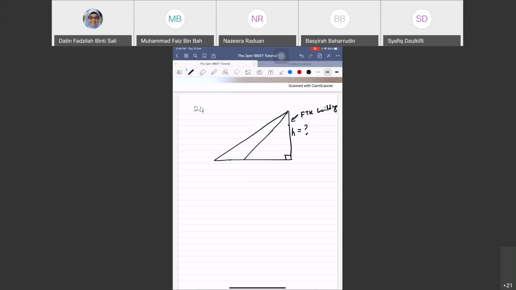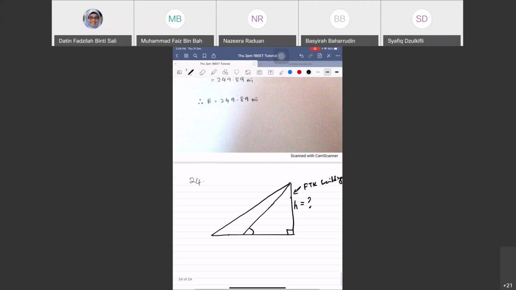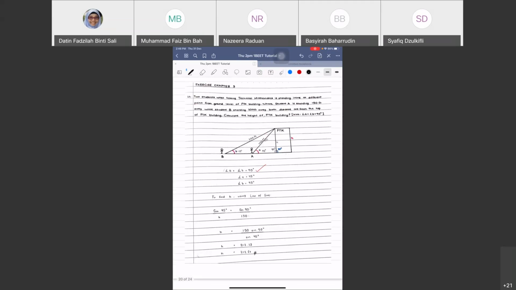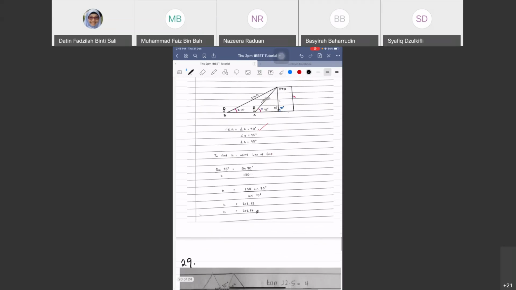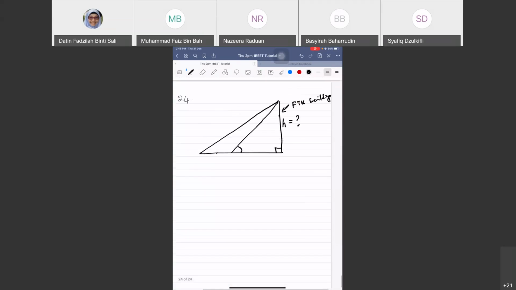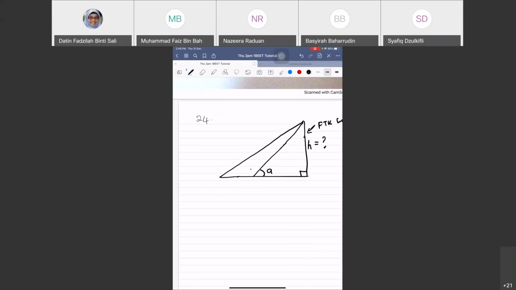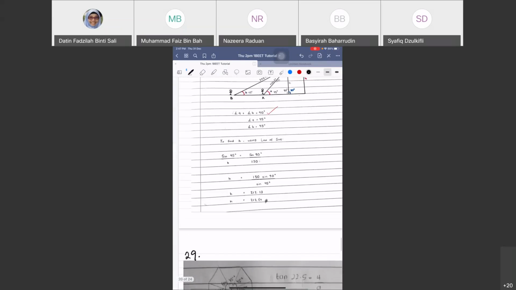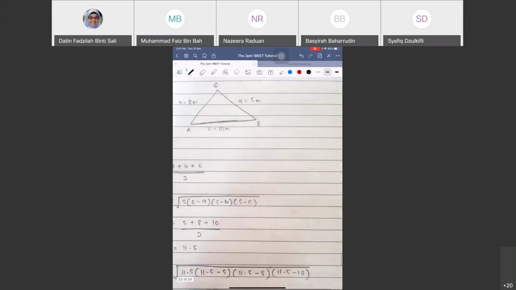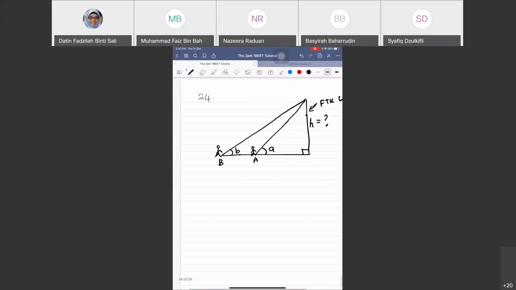And then you have your A and B. This is person A, this is another person B, one is 200 feet away and another is 150 feet away.